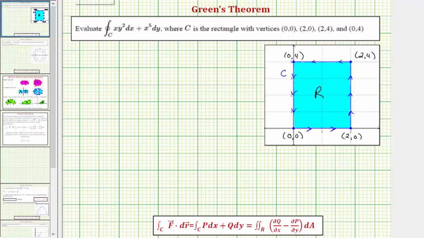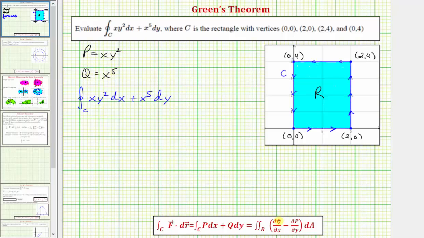So beginning with the given line integral, we have the line integral along the curve C, where the curve C does satisfy Green's theorem, of xy squared dx plus x to the fifth dy. So this tells us that P is equal to xy squared and Q is equal to x to the fifth.